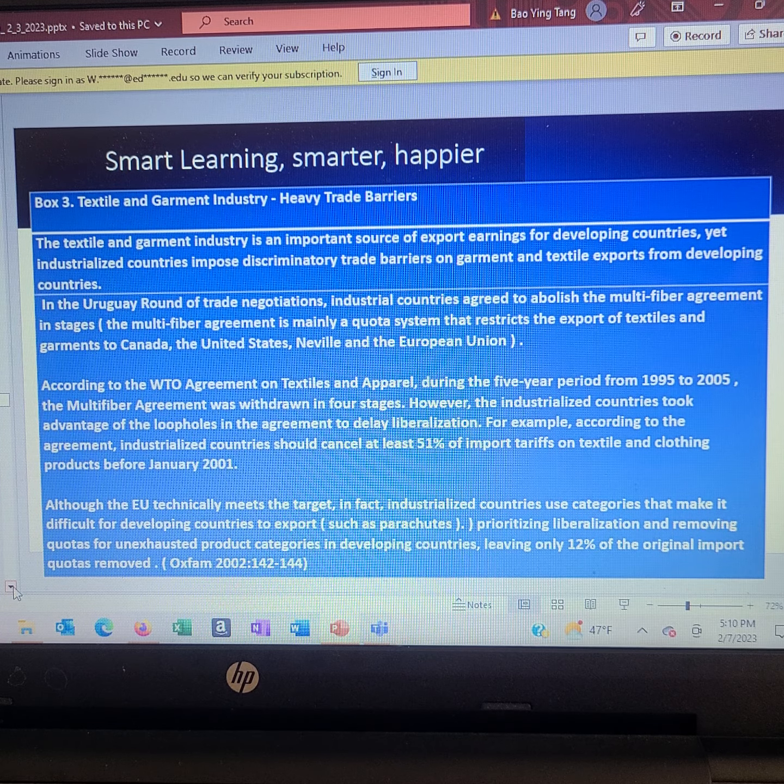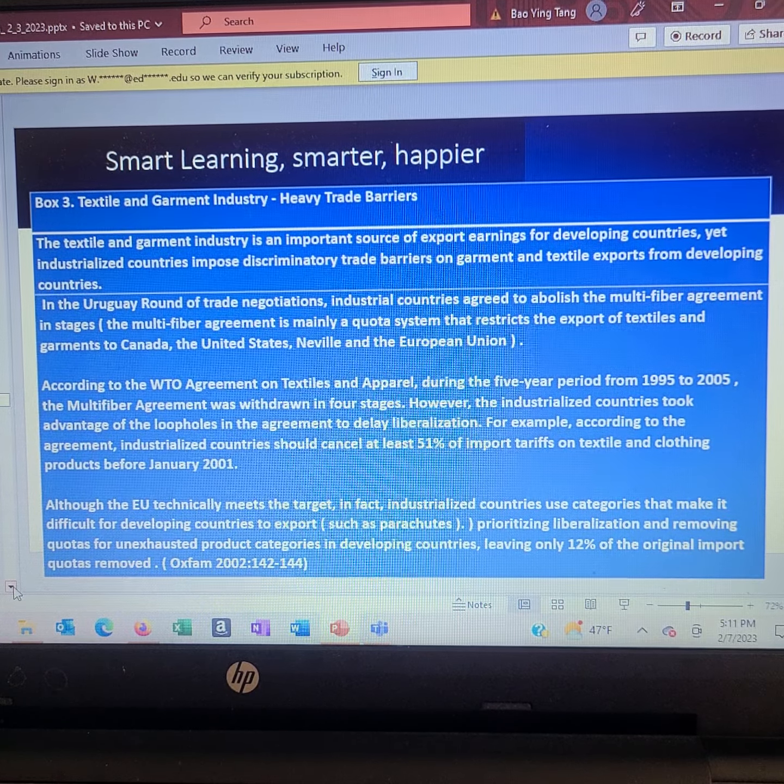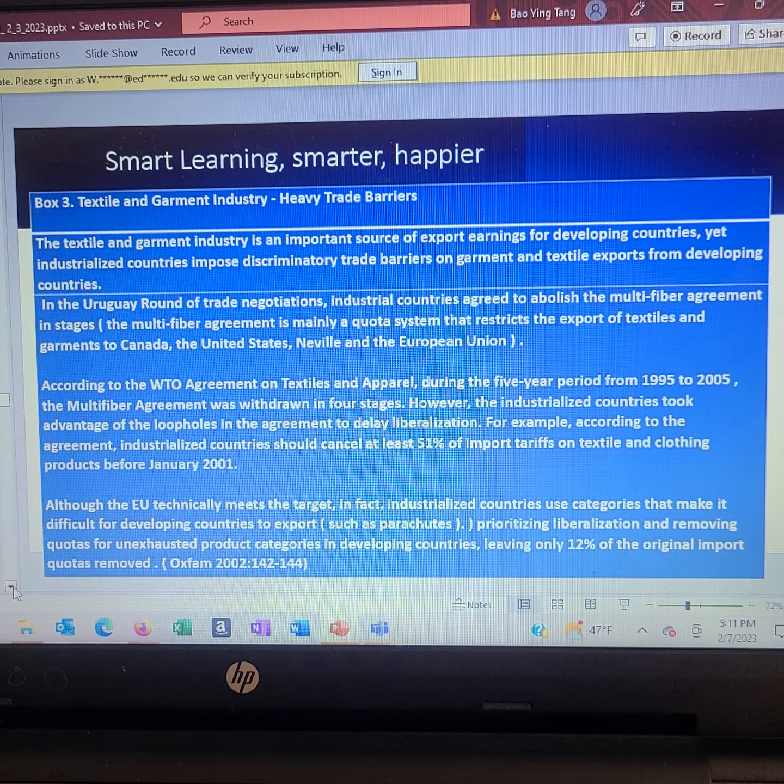For example, according to the agreement, industrialized countries should cancel at least 51% of import tariffs on textile and clothing products before January 2001. Although the EU technically meets the target, in fact, industrialized countries use categories that make it difficult for developing countries to export.